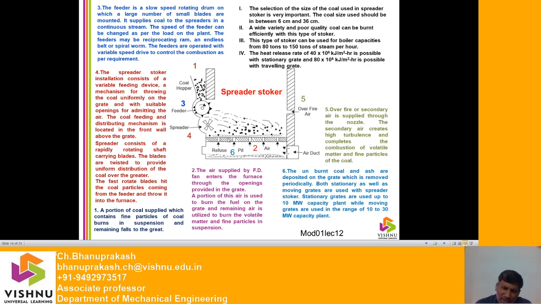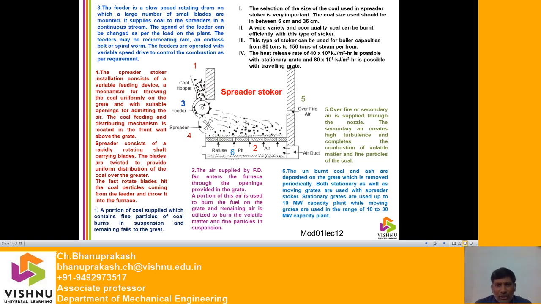Fixed grate, otherwise stationary grate, is used up to 10 megawatt capacity, while moving grates are used for 10 to 30 megawatt capacity plants. One important point for this type of stoker is that selection of coal is very important.